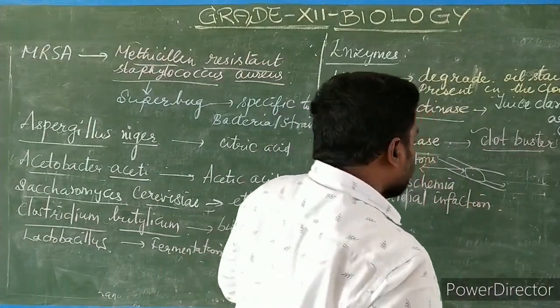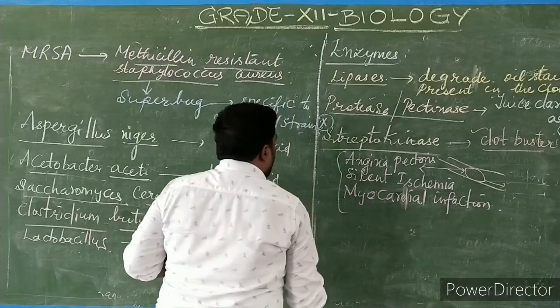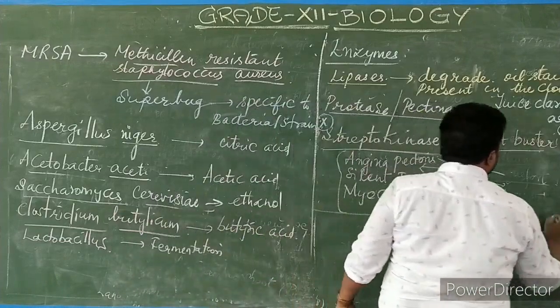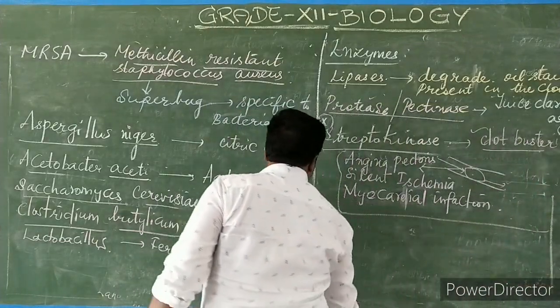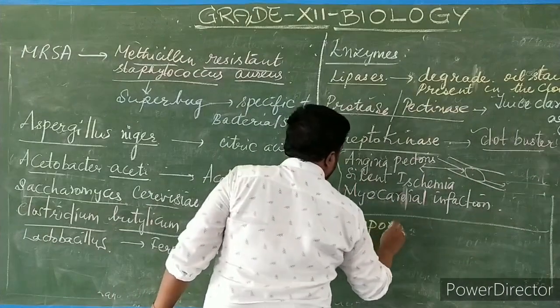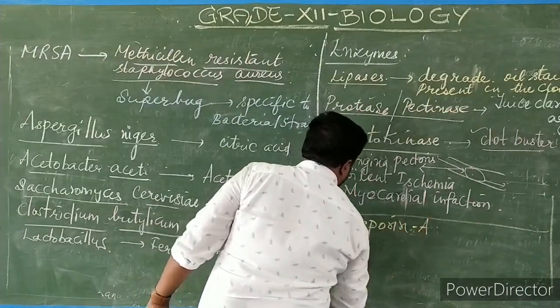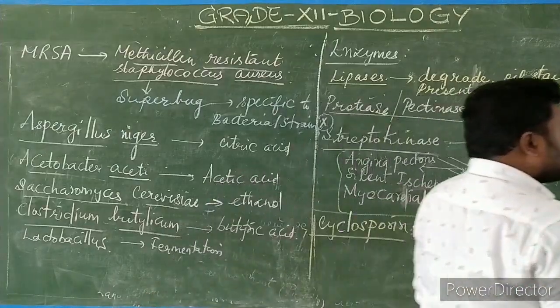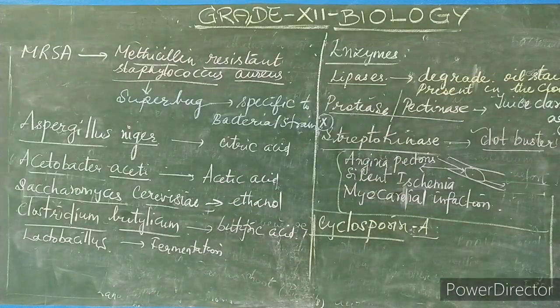Cyclosporin A is very important for normal metabolic activities to be carried out in the liver. It is obtained from the organism called Trichoderma polysporum.